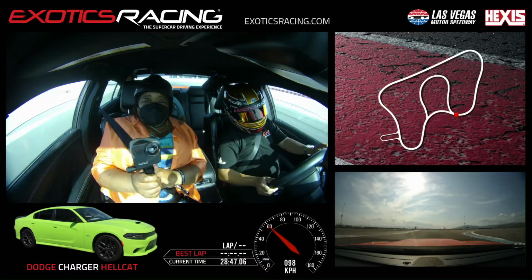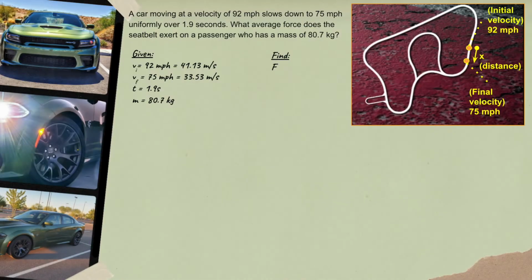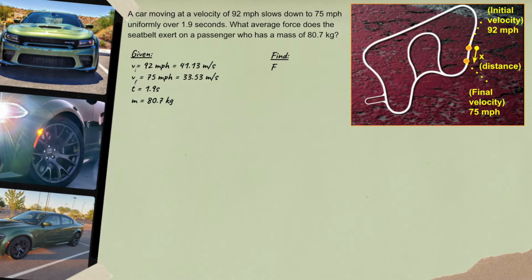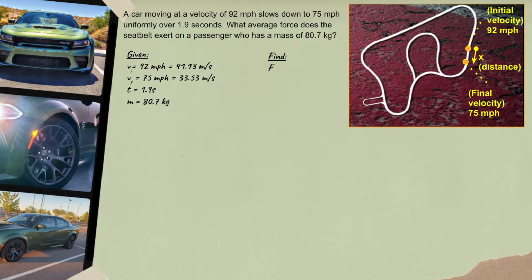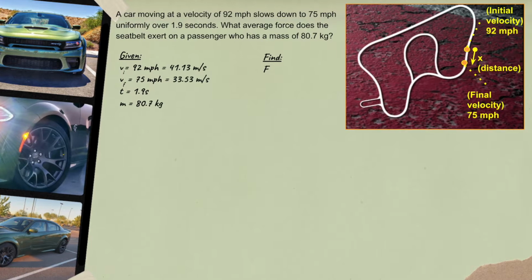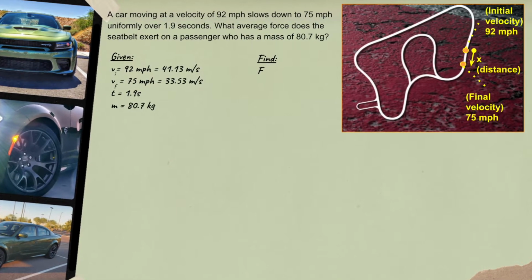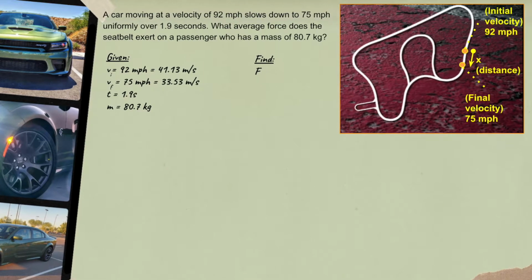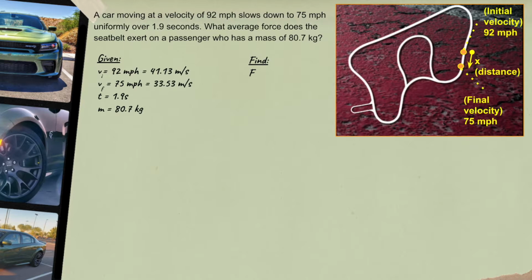So, today's Figure It Out question is: a car moving at a velocity of 92 miles per hour, or in metric that would be 41.13 meters per second, slows down to 75 miles per hour, or in metric 33.53 meters per second, uniformly over 1.9 seconds.